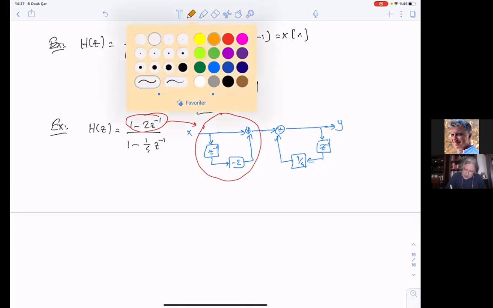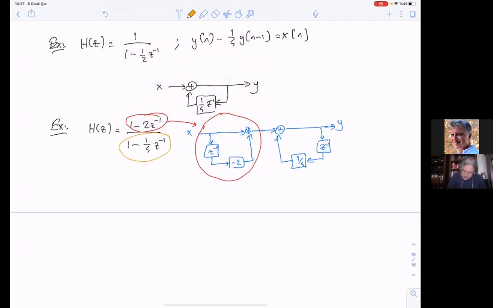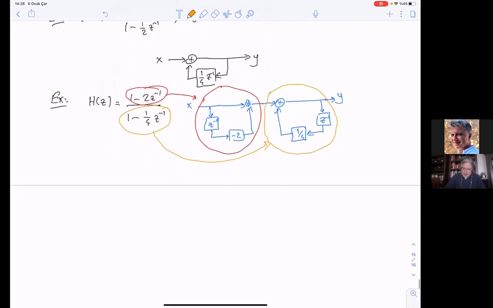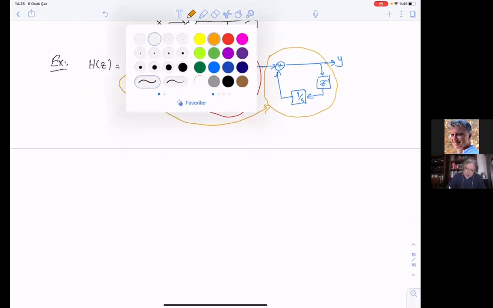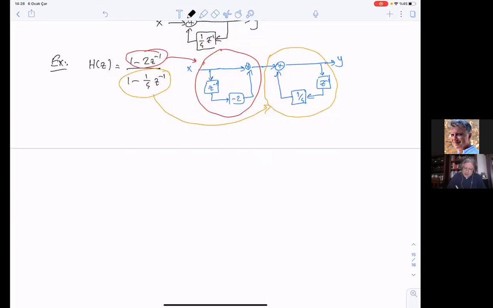So this denominator part is now handled here. And we know that if you interchange these places, the orders of the orange and the red circled blocks, you can share the delay element. But this is something that you must already know from the first midterm.